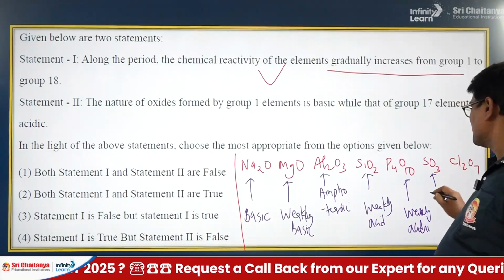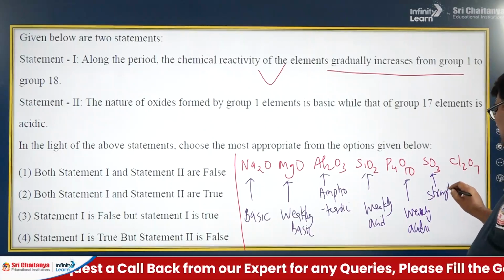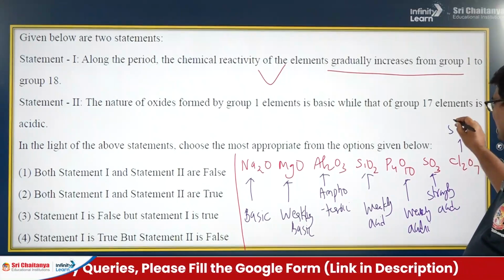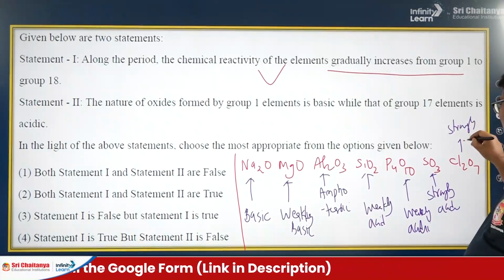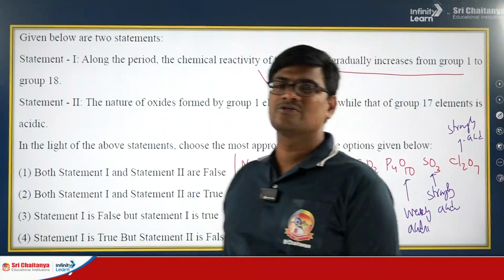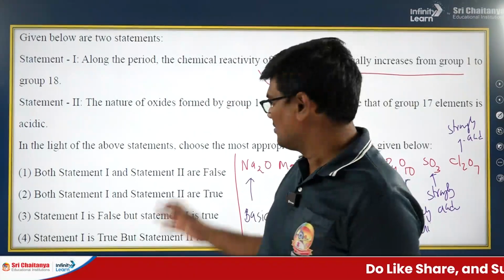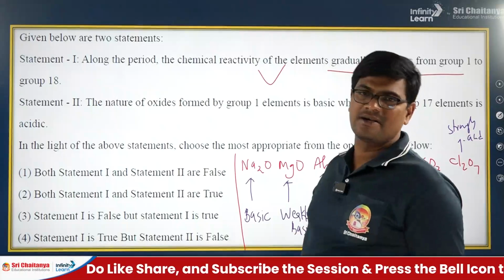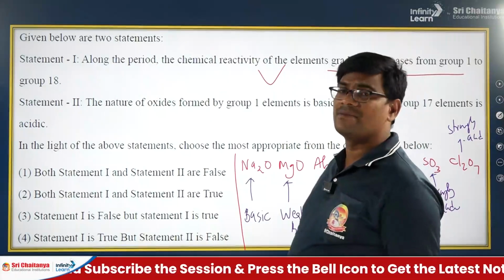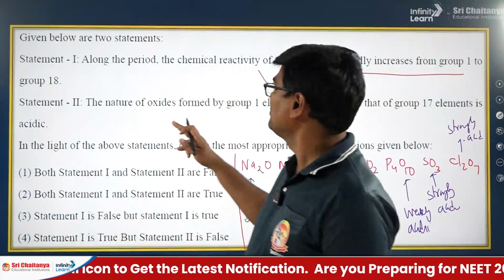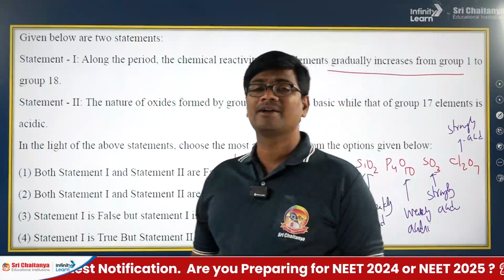SO3 is strongly acidic, and Cl2O7 also strongly acidic. So alkali metals form the most basic oxides and halogens form the most acidic oxides. The nature of oxides formed by group 1 elements is basic, a right statement, and that of group 17 elements is acidic, which is also a right statement. So statement 2 is right, but statement 1 is incorrect.